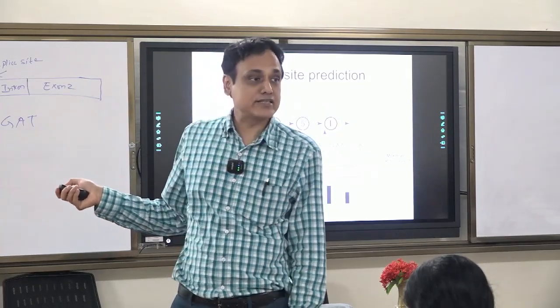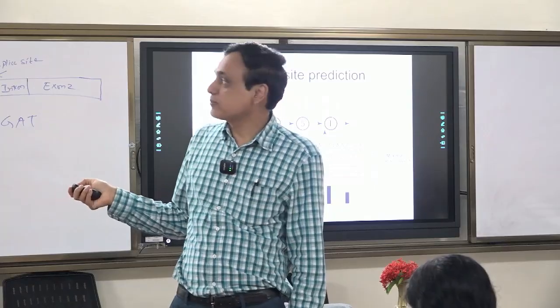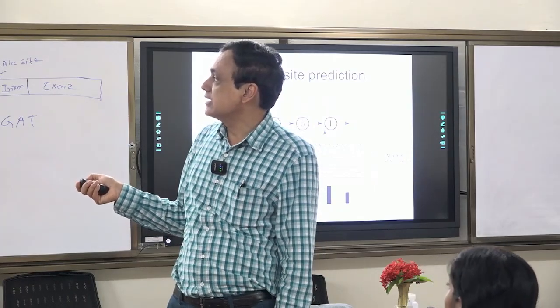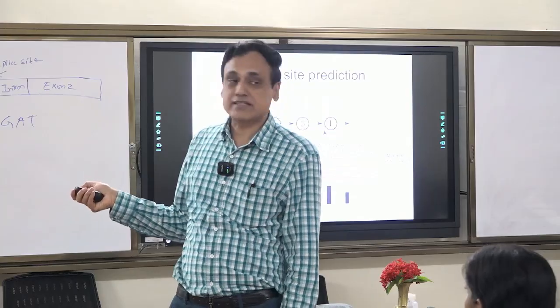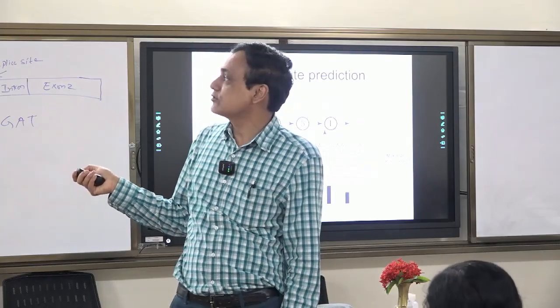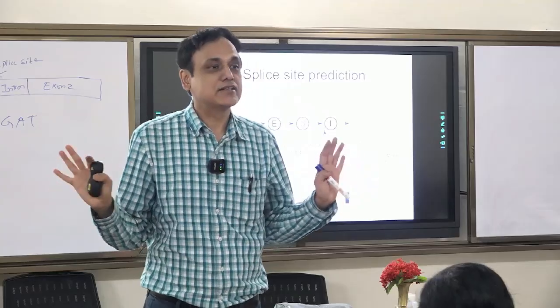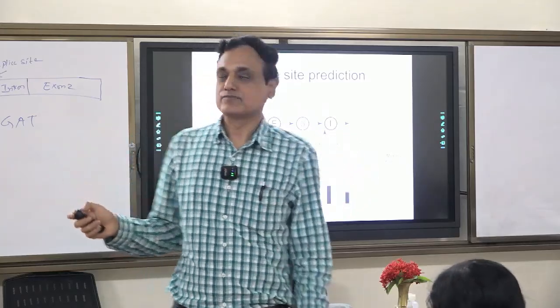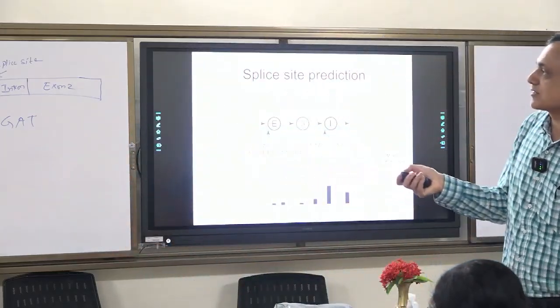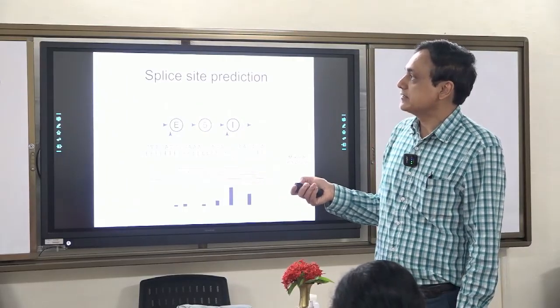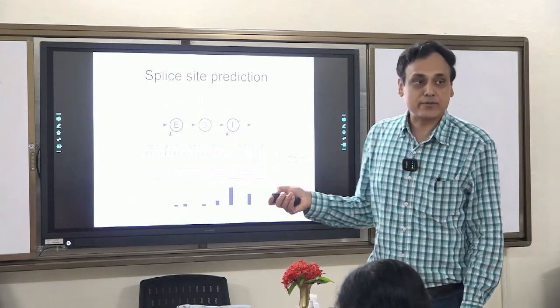Now the output probability values. The probabilities of A, C, G, and T from the exonic state all have values of 0.25. This is a toy model, just to help you understand, so these values may not be natural. Then the probabilities of A, C, G, T from the 5' state.